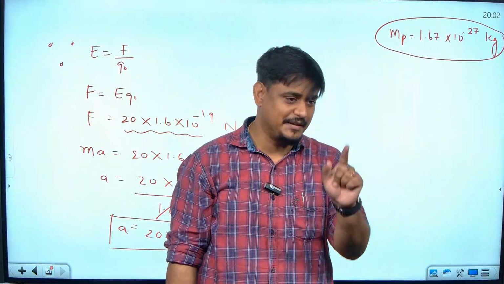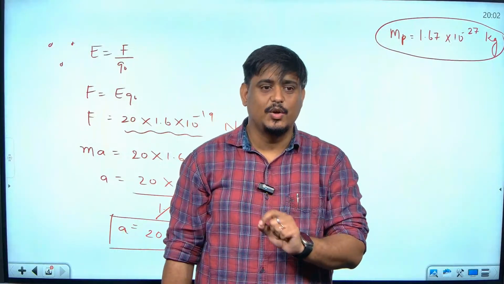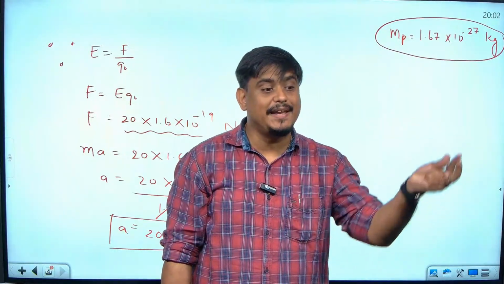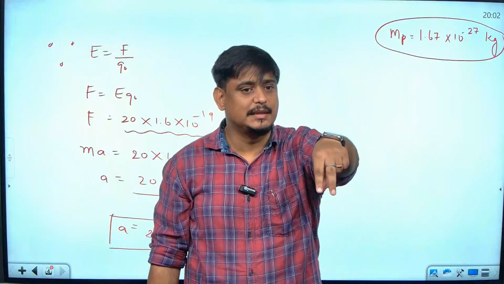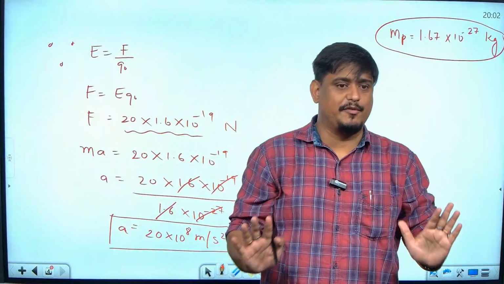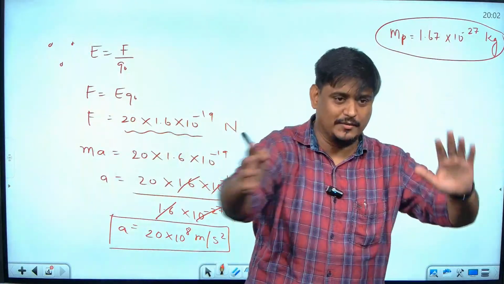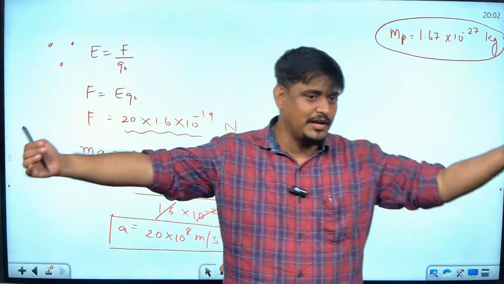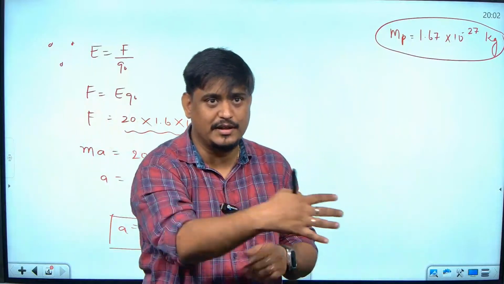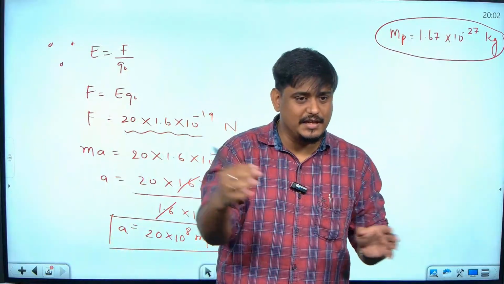I said that whenever a charge is placed in electric field, suppose in this room I have electric field from my right towards my left, from this wall to this wall, a uniform electric field.